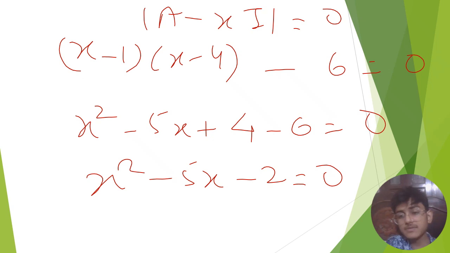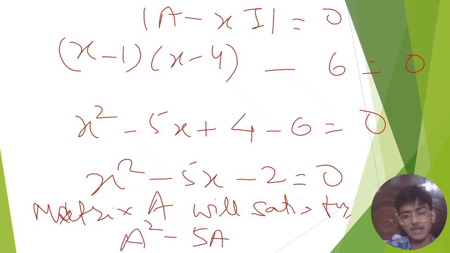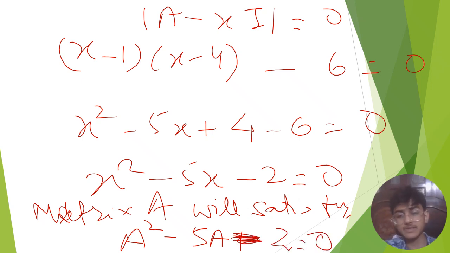Now, as we know, every matrix satisfies its characteristic equation. So here the matrix A will surely satisfy it. So we can write A squared minus 5A minus 2I is equal to 0. And in this way we will proceed.